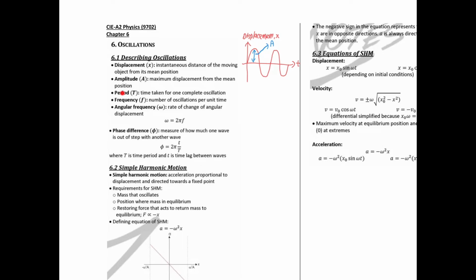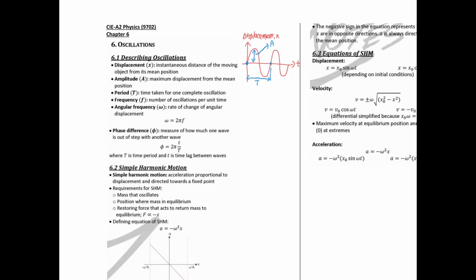Period. Period T. Time taken for one complete oscillation. So one complete oscillation is here until here. This is period.